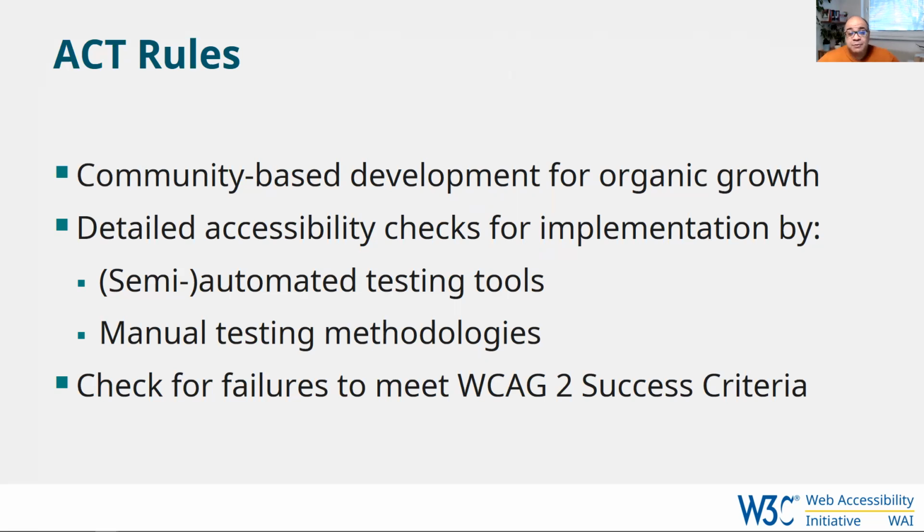We were trying to look for a model for organic growth where we can get the different players together, discuss these differences, identify where these issues are. Are these things that need to be defined better in WCAG? Are these things that need to be defined better in the specifications? Are these related to accessibility support in browsers and assistive technologies, bugs in assistive technologies and browsers?